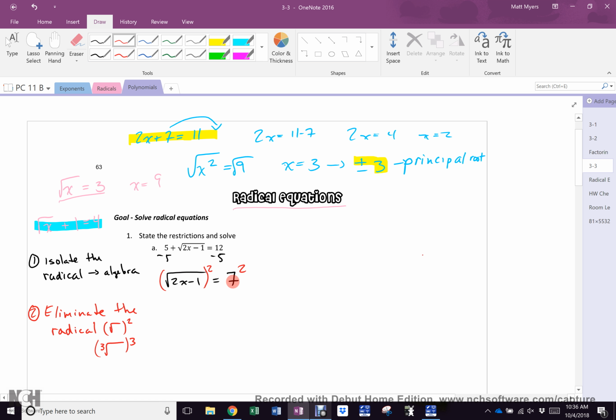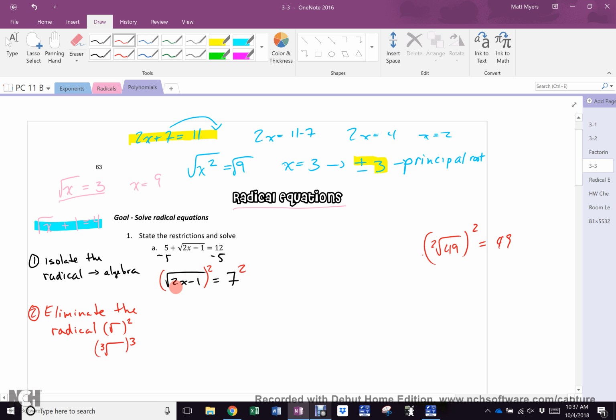So what do I get? What do I get when I square the square root of a radicand? It will come out 2x minus 1. I get the radicand, right? You all remember that from your radicals unit. The square root of 49 squared is what? 49.